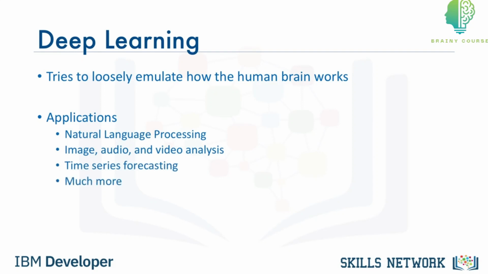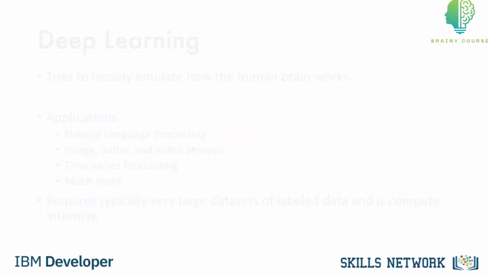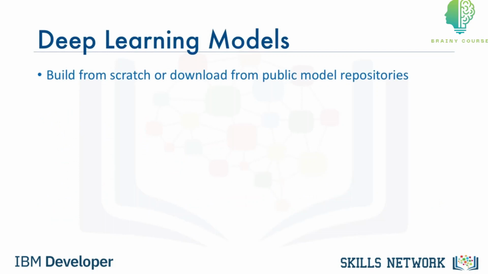Deep learning has had a lot of recent success in these and other areas, and is therefore becoming an increasingly popular and important tool for data science. Deep learning typically requires very large datasets of labeled data to train a model, is compute-intensive, and usually requires special-purpose hardware to achieve acceptable training times. You can build a custom deep learning model from scratch, or use pre-trained models from public model repositories.